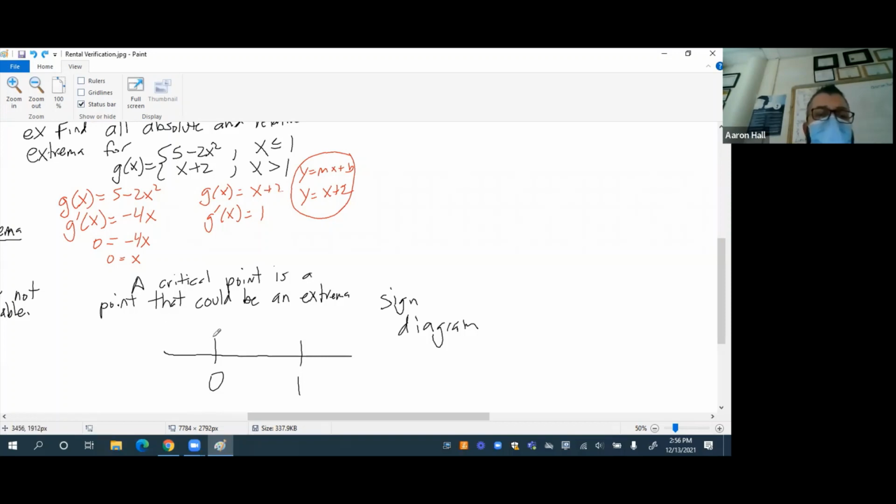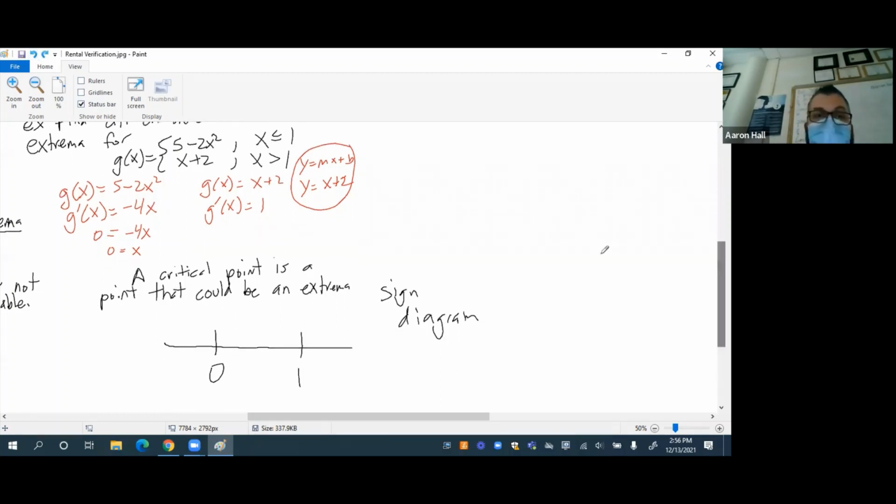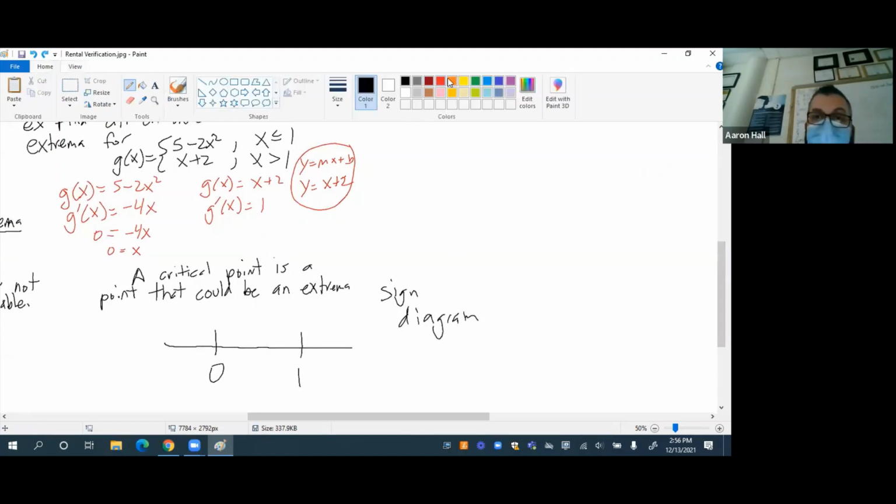Okay, so how do I find out what kind of sign is happening over here on this side? Yeah, let's plug in -1, that's below 0. So let's try x equals -1. Now, which graph am I going to use?